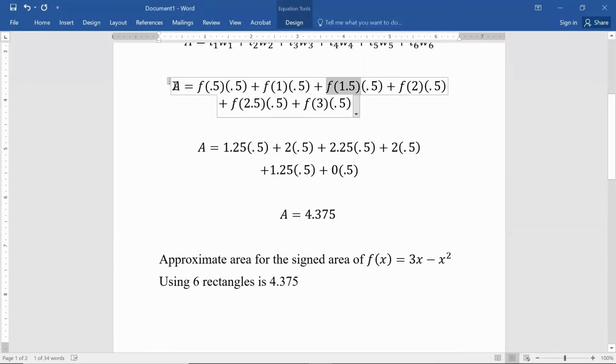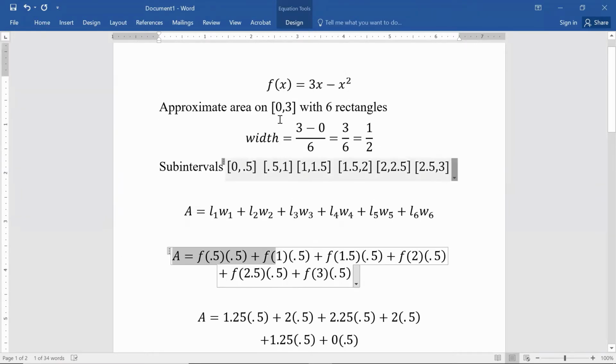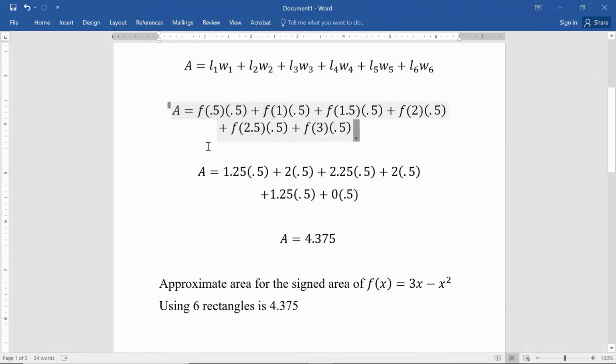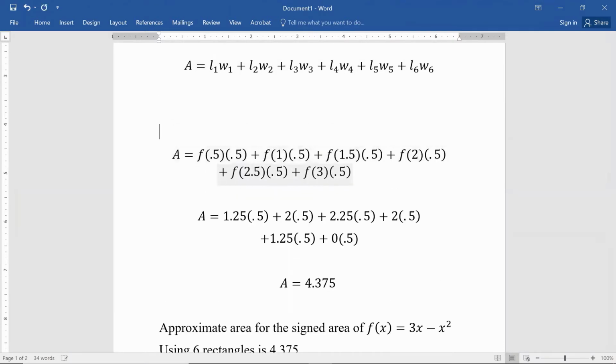So what we saw is that I broke this up into 6 subintervals. We have these subintervals here. The area is a sum of 6 rectangles, and I used the right-hand rule to approximate the area.